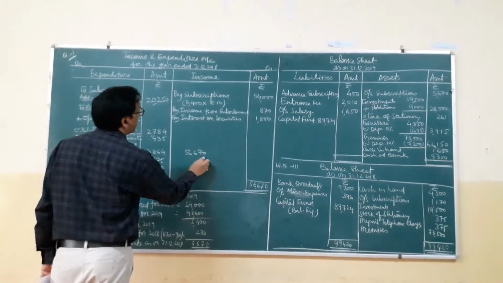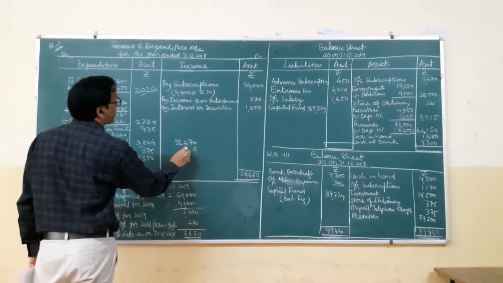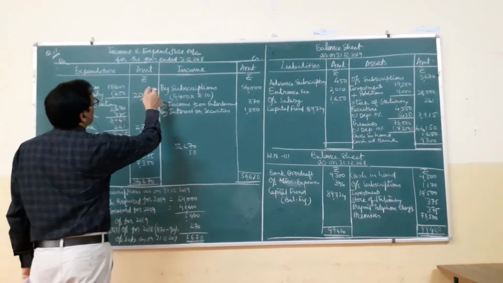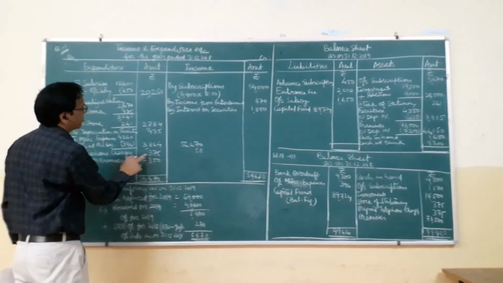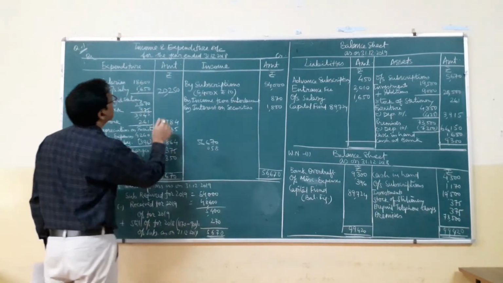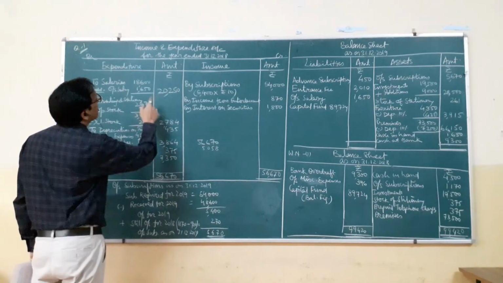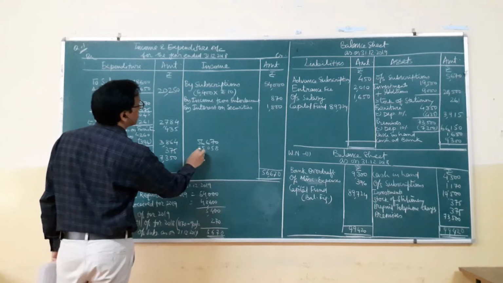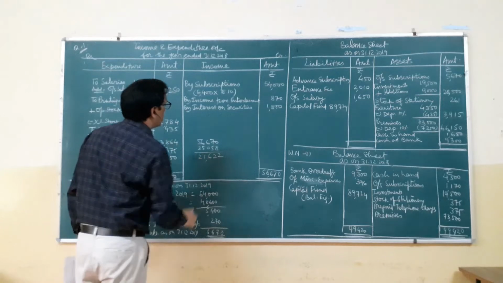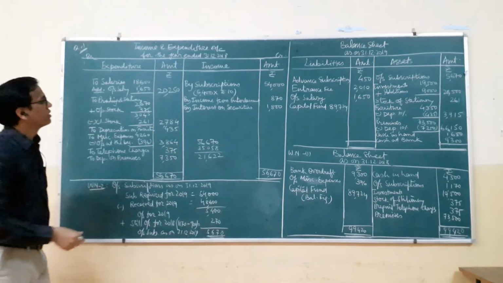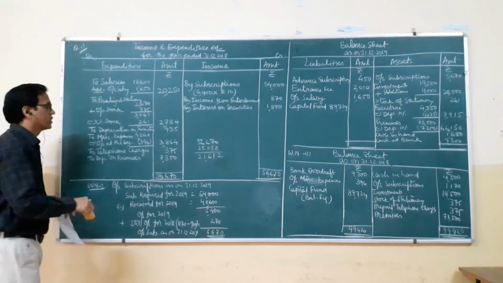The difference is 21,612, which is our surplus.